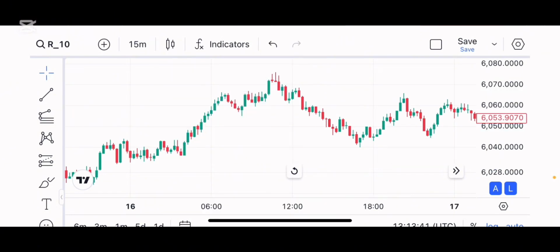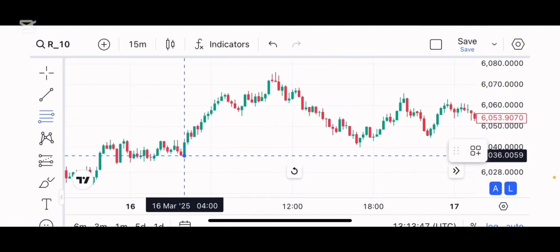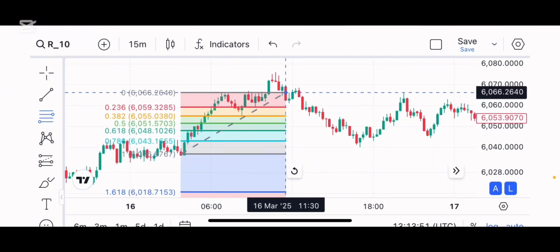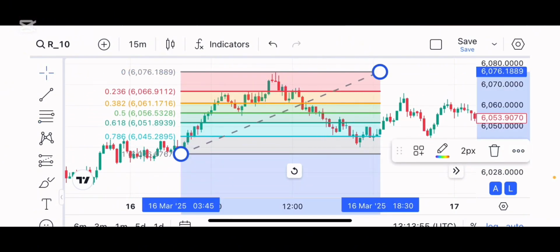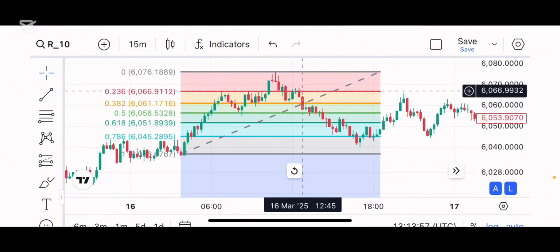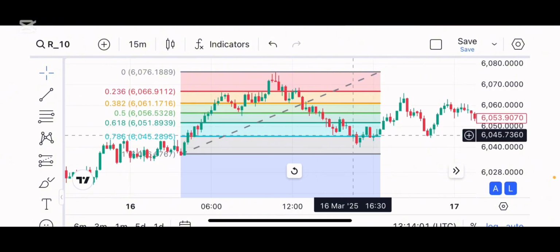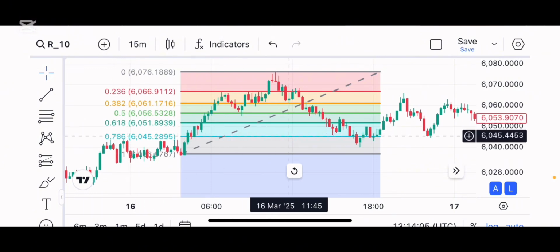So I'm going to delete that one, then measure the leg with the Fibonacci retracement. We're going to put the beginning from here and stretch the Fibonacci retracement all the way to this top. Now you can see that this leg touched the 78.6 Fibonacci, if you can read it from this point.